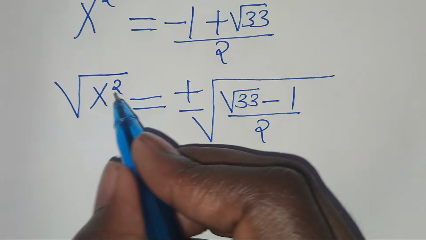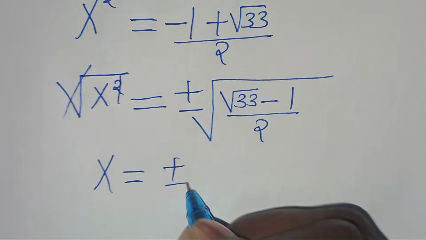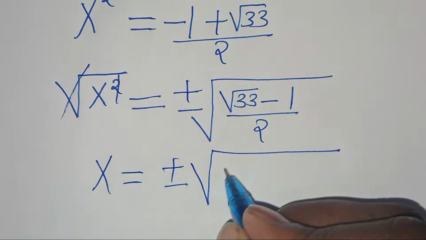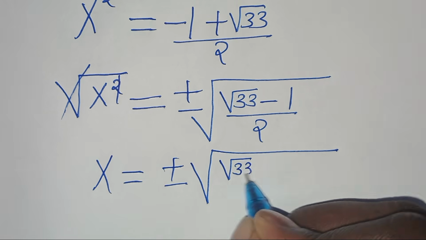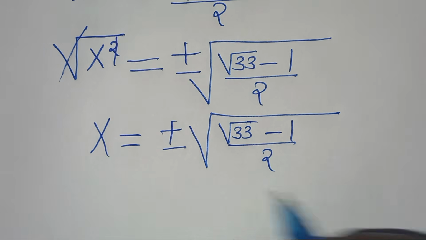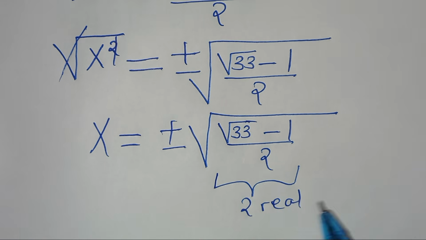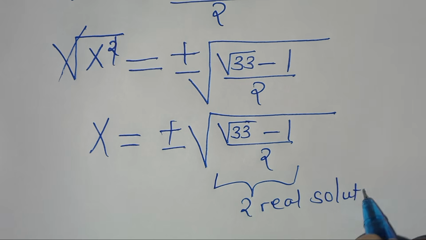So in this case, we eliminate the square root sign here, and we have x is equal to plus or minus the square root of root 33 minus 1 divided by 2. So you find that these are two real solutions here. We have two real solutions.